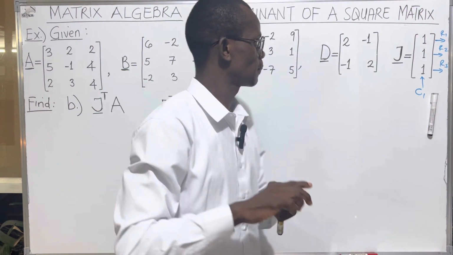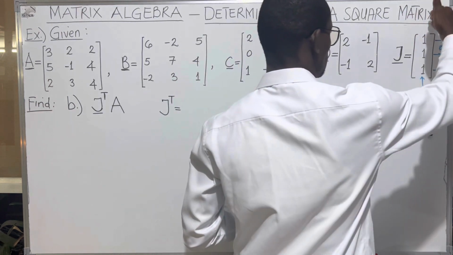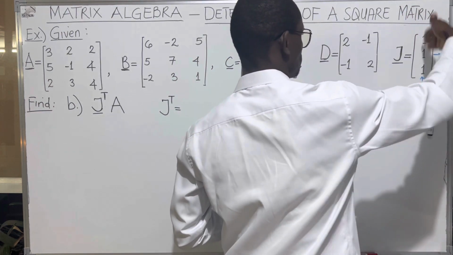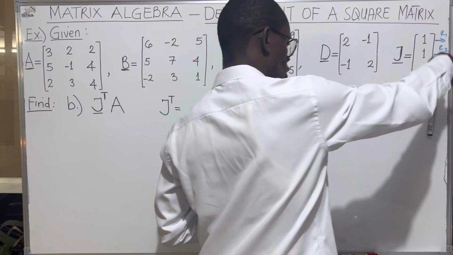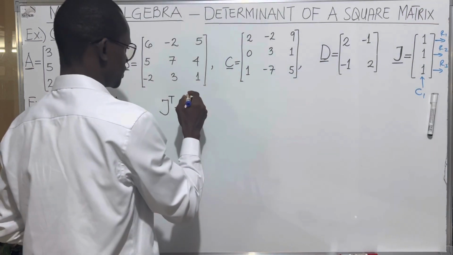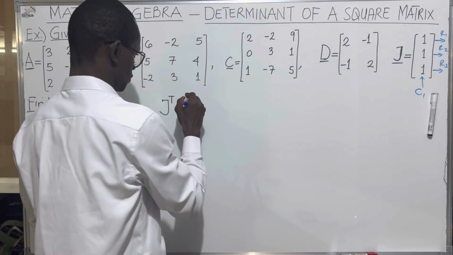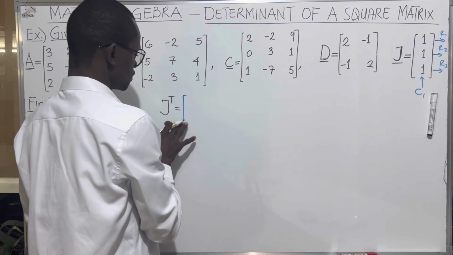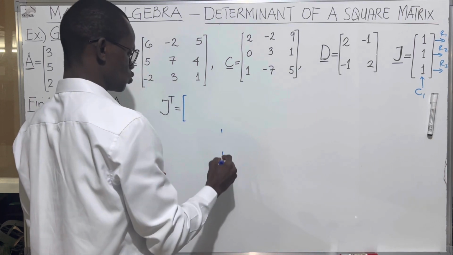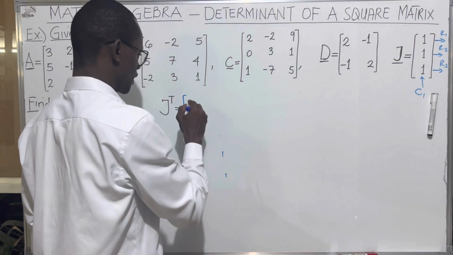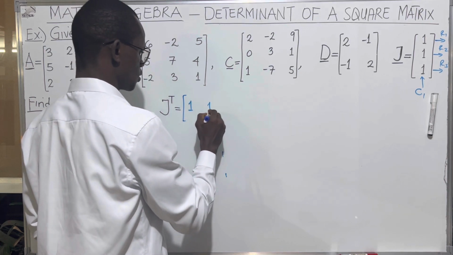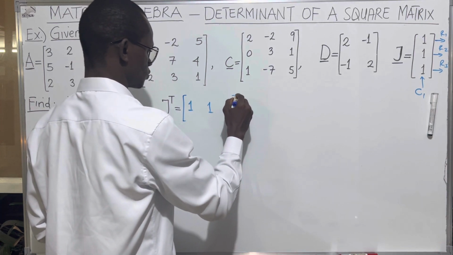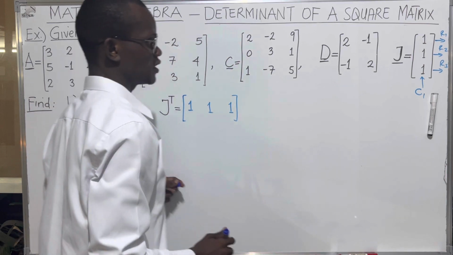That's all. So this is a column, right? I'm going to write this column as a row. So instead of it being 1, 1, 1 written down, I'm going to write it as 1, 1, 1 across.